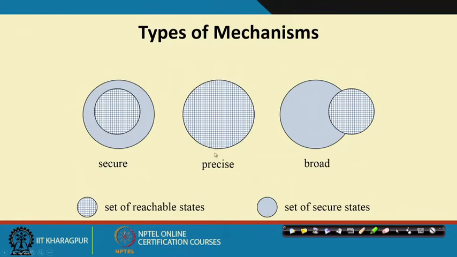It can be precise, like a direct one-to-one mapping. Or it can be broad, where some of the reachable states are outside the security perimeter, which is some broad level security, but there are some security things which are beyond this. This is definitely true for network security, and for any type of security aspects, right.